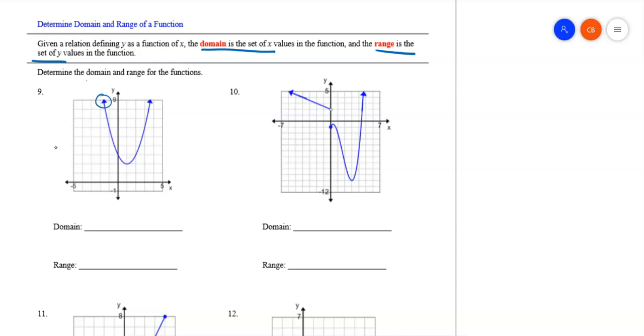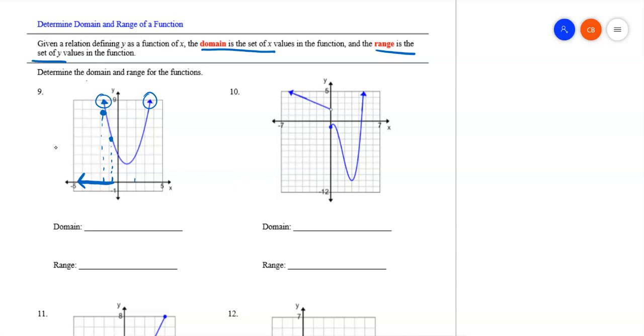Like this arrow over here means it's going on forever, forever up and also to the left. So along this x-axis, as we move to the left, these x values never stop because this arrow just keeps going.